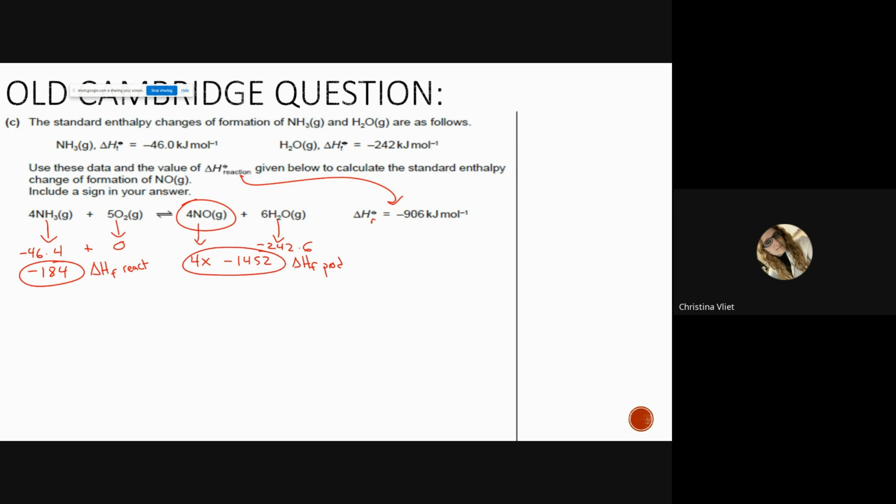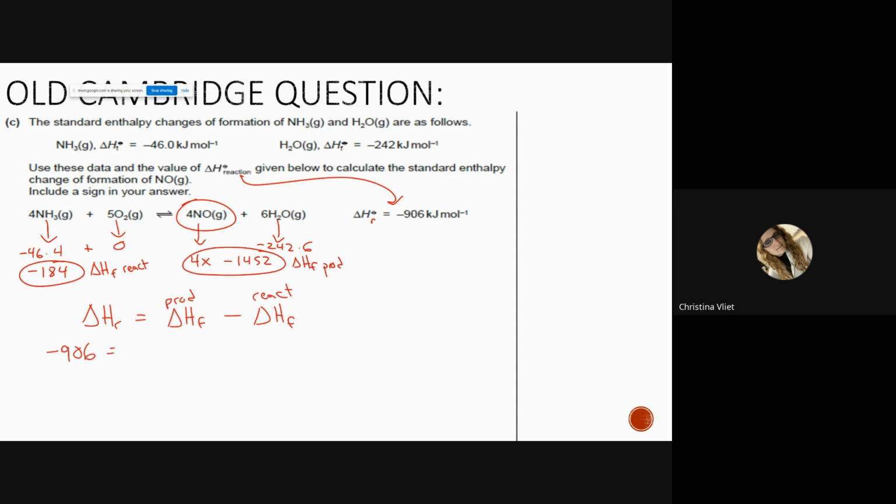So the formula is delta HR equals the delta HF of your products minus the delta HF of my reactants. I have my enthalpy of reaction this time. It's algebra. That's negative 906.